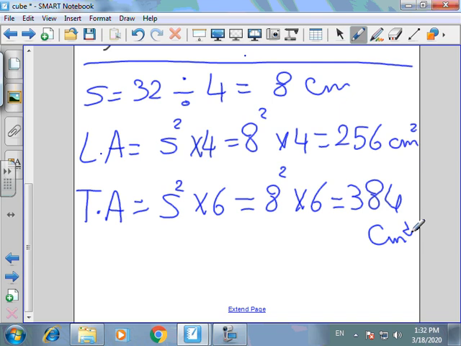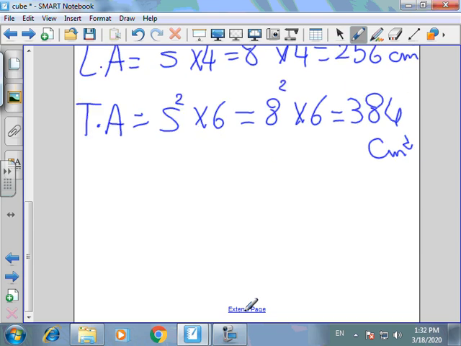Who can tell me how I can get the volume? Yes, excellent. The volume is side times side times side. Instead of multiplying side times side times side, how can I replace it?